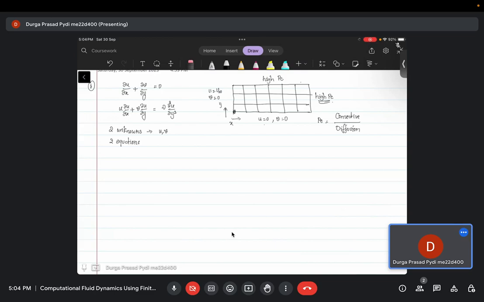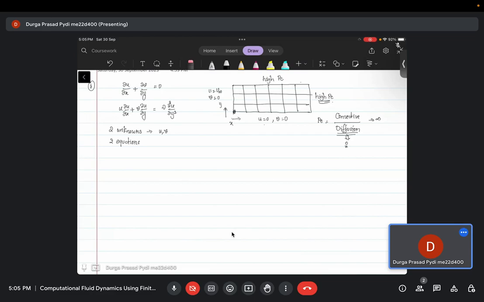So when I say this tends to infinity, it essentially means the effects of diffusion are tending to 0. We will first formulate our problem for this particular case, and then we will see in other problems where the outlet flow conditions will also be specified. So we will start with this assumption.